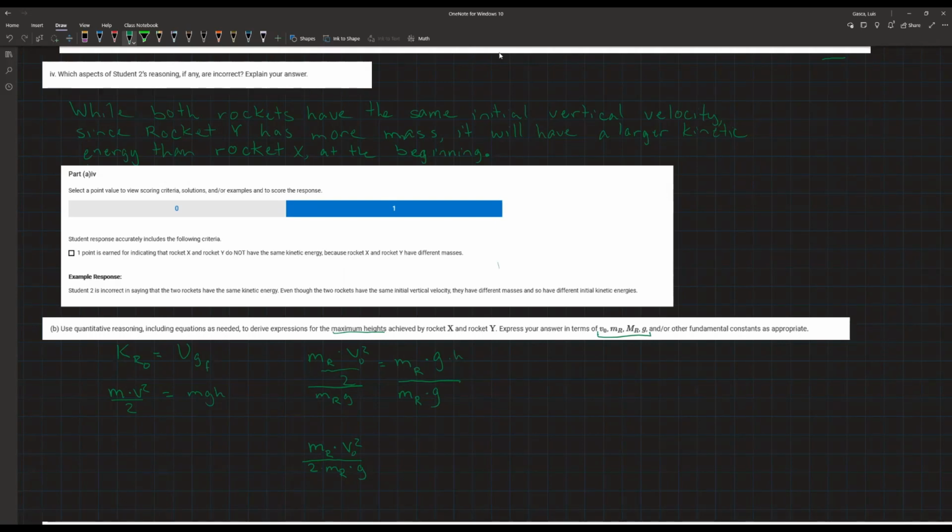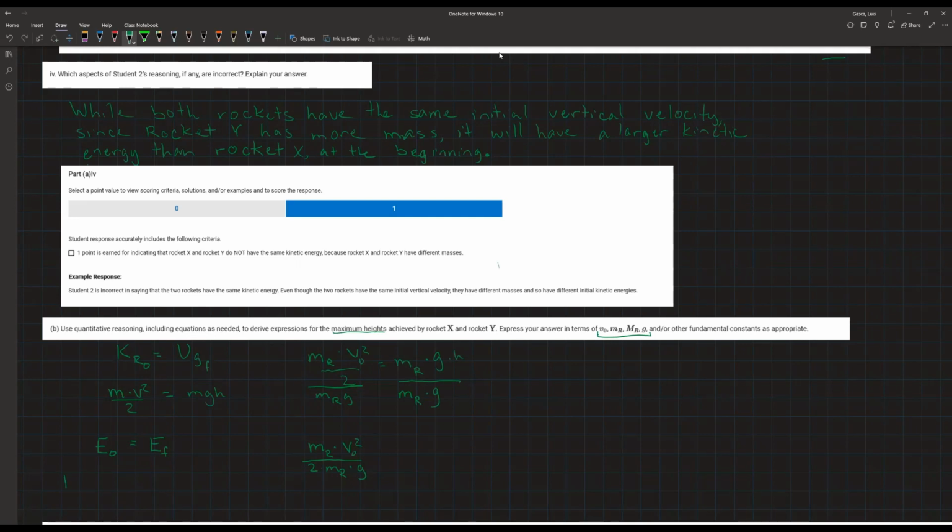Now, the other question, how did I immediately know to go to K equals U? Well, part of that is experience. In reality, we are doing energy conservation, which means that the original energy of the system equals the final energy of the system. And you can take inventory.